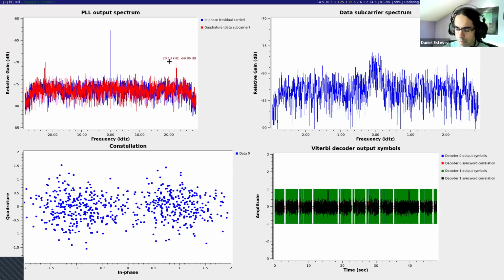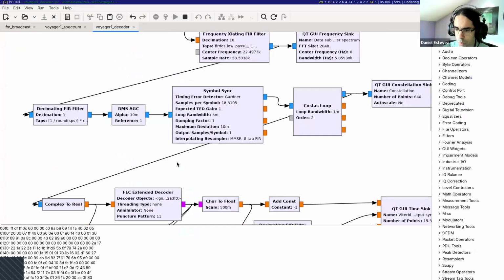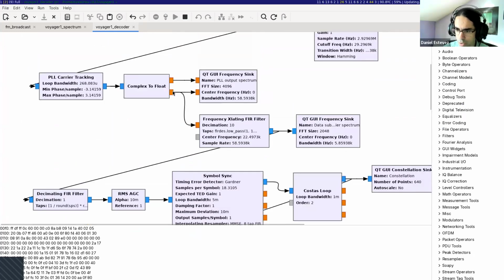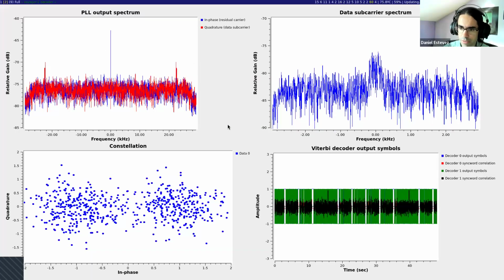What else? On the imaginary part, on the quadrature part, which is where we get the data modulation, we extract with a frequency translation FIR filter one of the sidebands. They are actually the same since the signal is real at this point. And this is what the data subcarrier looks like.